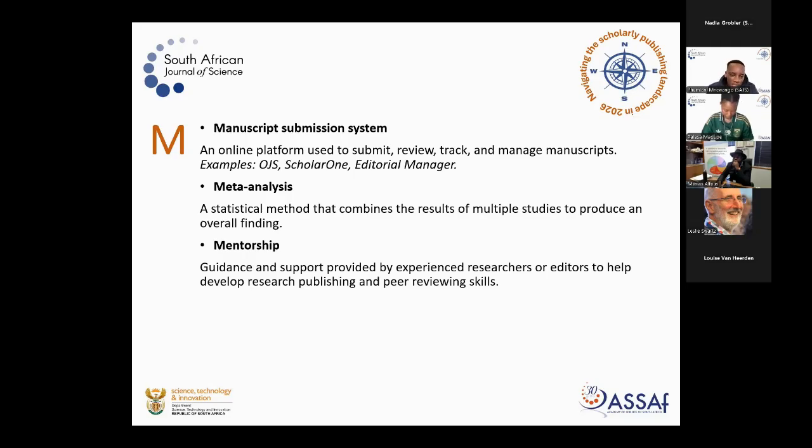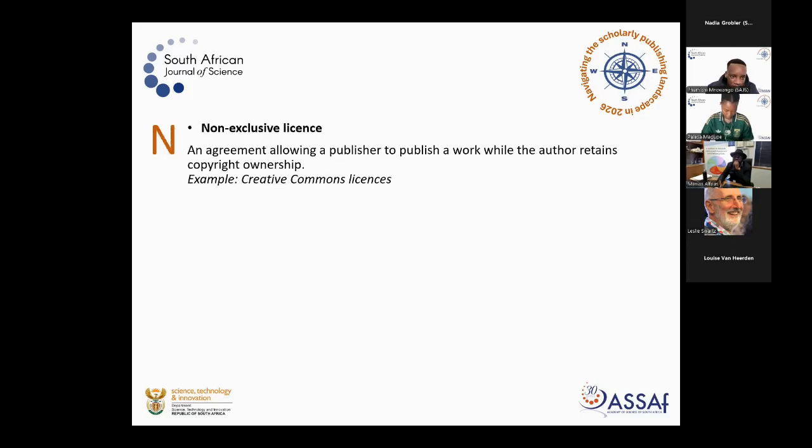Mentorship is guidance and support provided by experienced researchers or editors to help develop research, publishing, and peer reviewing skills. A non-exclusive license is an agreement allowing a publisher to publish a work while the author retains copyright ownership. For example, the Creative Commons licenses again.